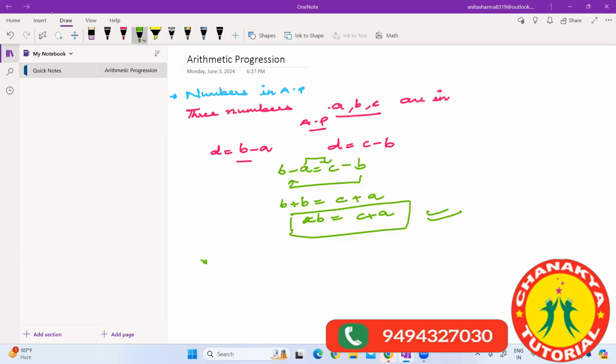Yes, ma'am. Now the second thing is, if the sum of numbers in an AP is given.